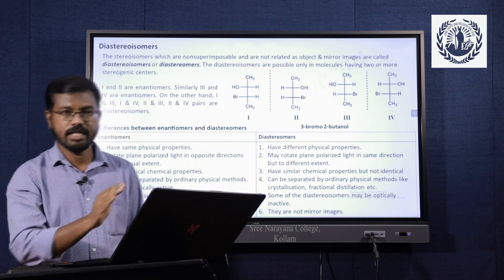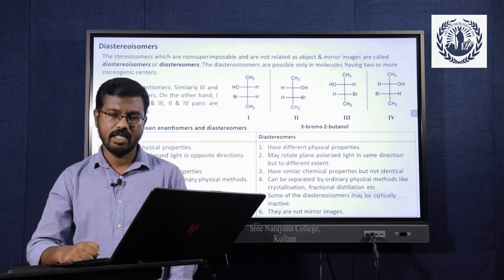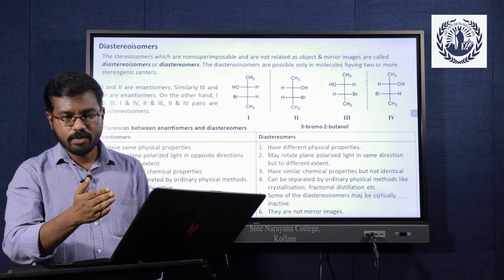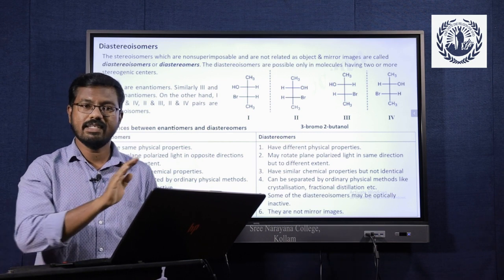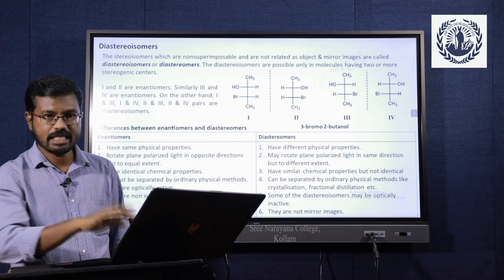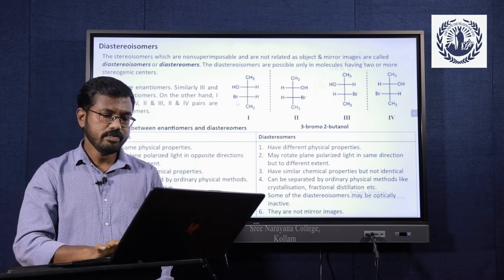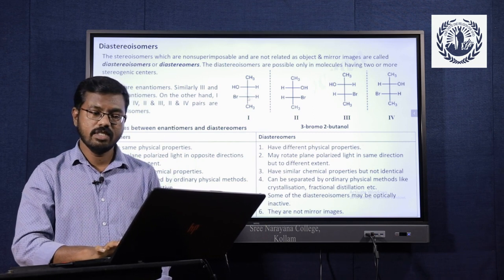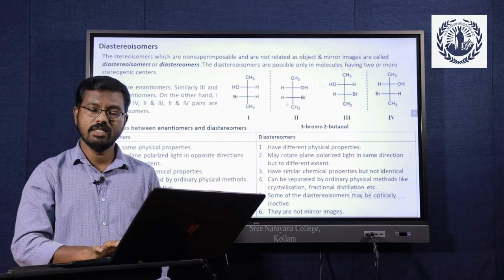Now, we have learned about enantiomers. Now, what are diastereomers? They are also non-superimposable stereoisomers, but there is no mirror relation as in the case of enantiomers. For example, here you can see the first structure, the mirror image of the first structure is the second one.